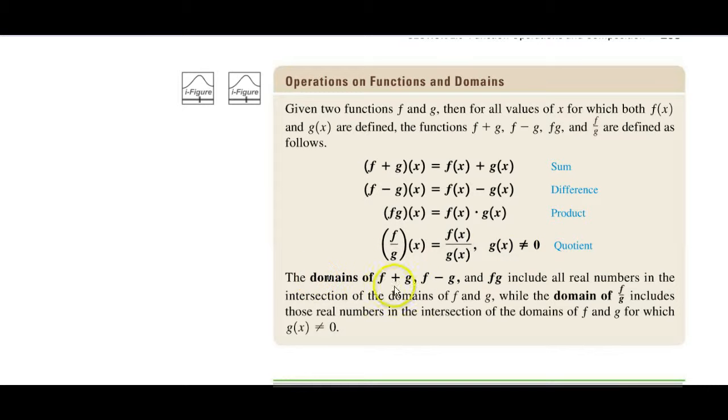So the domains of all of these would include all real numbers in the intersection of domains, while in this one, where g would exclude any value in its domain, that would make our denominator a 0.